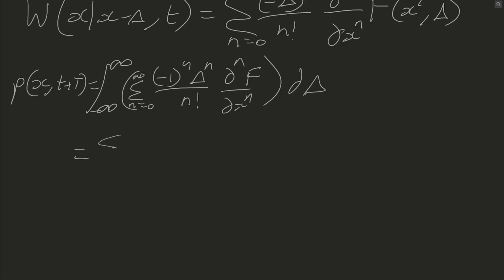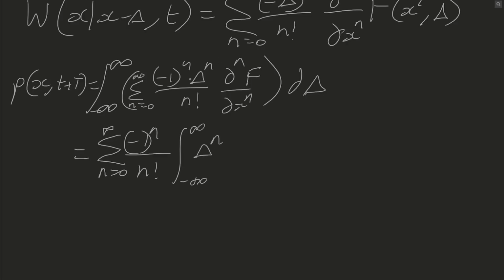So we can say that this is the sum from n equals 0 to infinity of minus 1 to the n over n factorial times the integral from minus infinity to infinity of delta to the n.